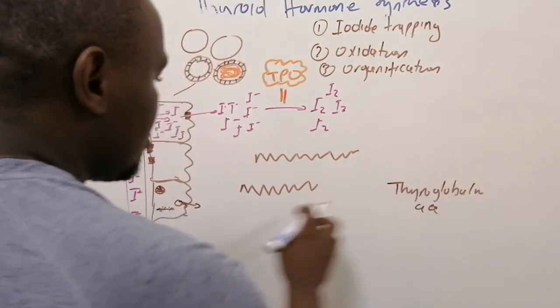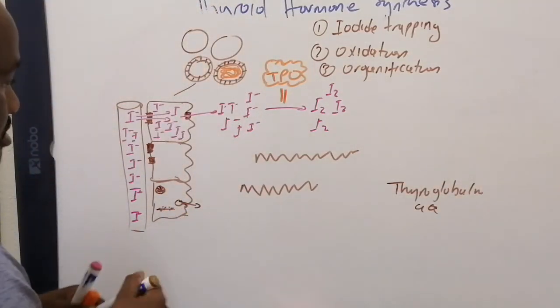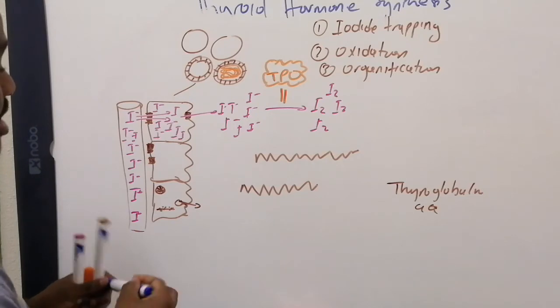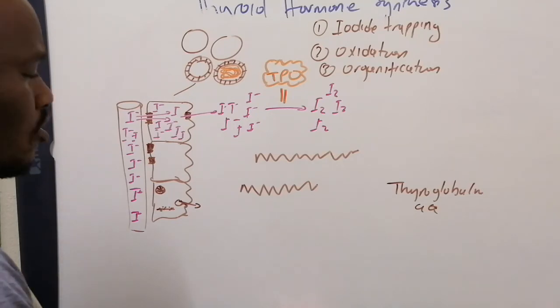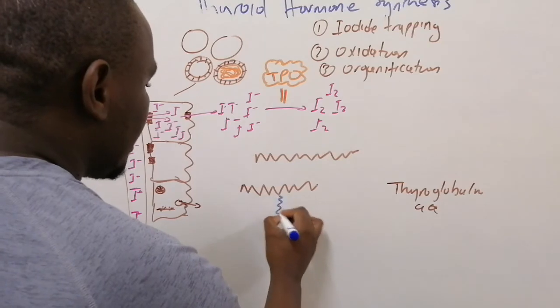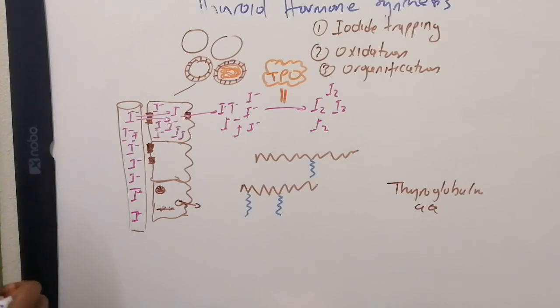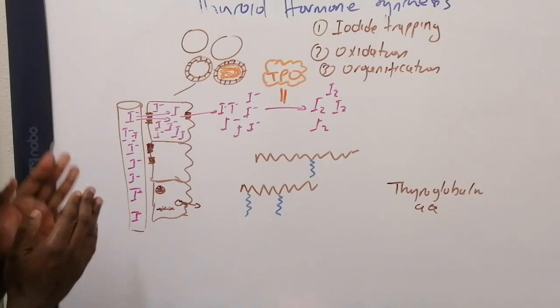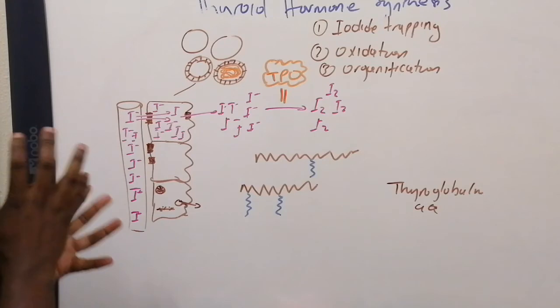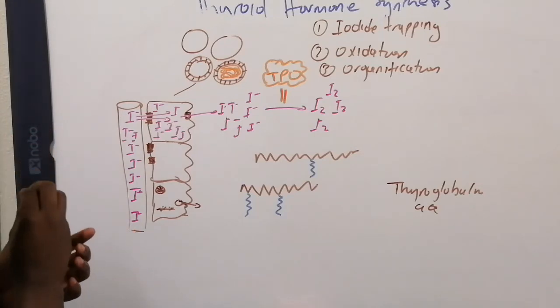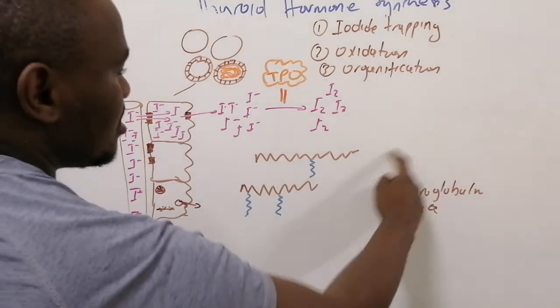Now, in this thyroglobulin molecule, there's a special amino acid called tyrosine. So the tyrosine residue is the only site that iodide binds to in that thyroglobulin molecule.